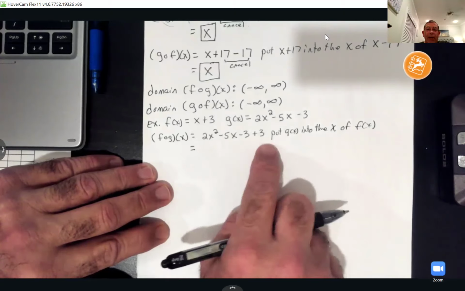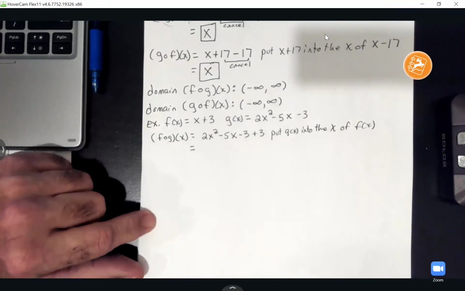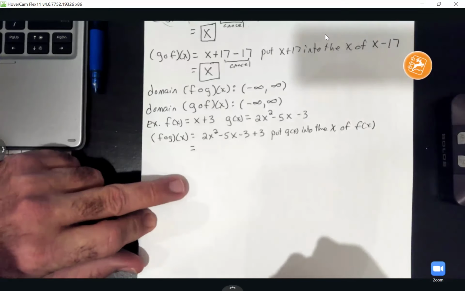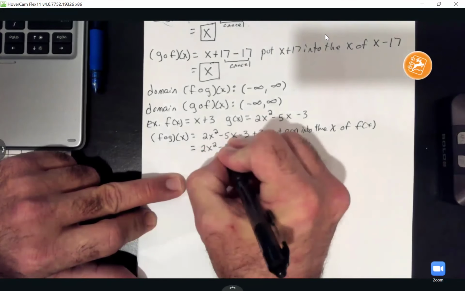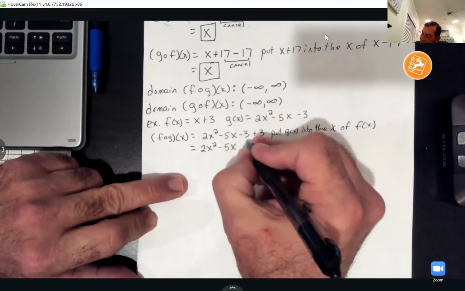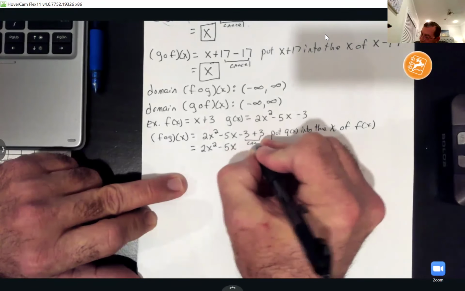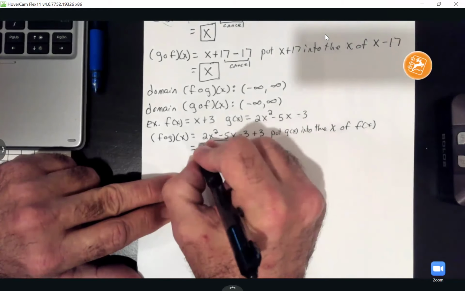What like terms do I got here? Could it be 2x squared minus 5x? Sounds good to me, y'all, because remember that negative 3 and positive 3, these numbers are going to cancel again. So good job, 2x squared minus 5x. Thank you.